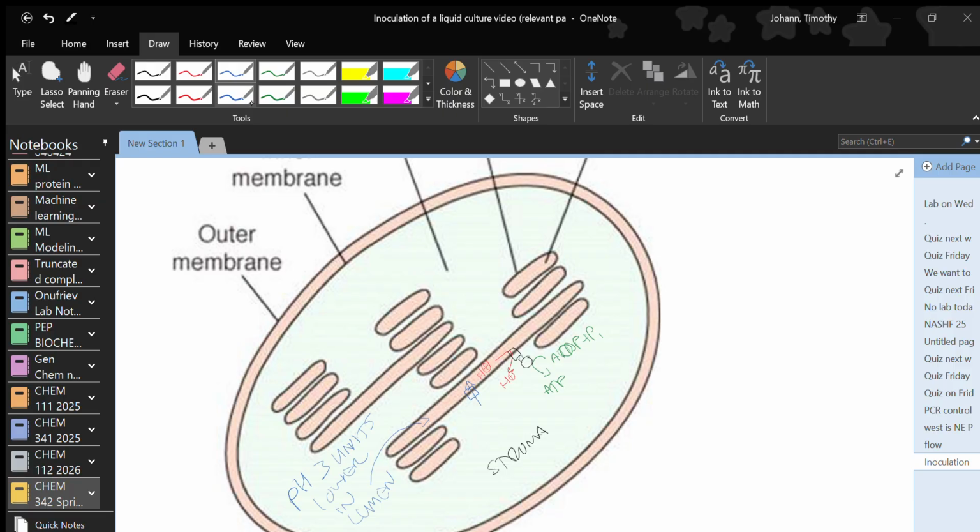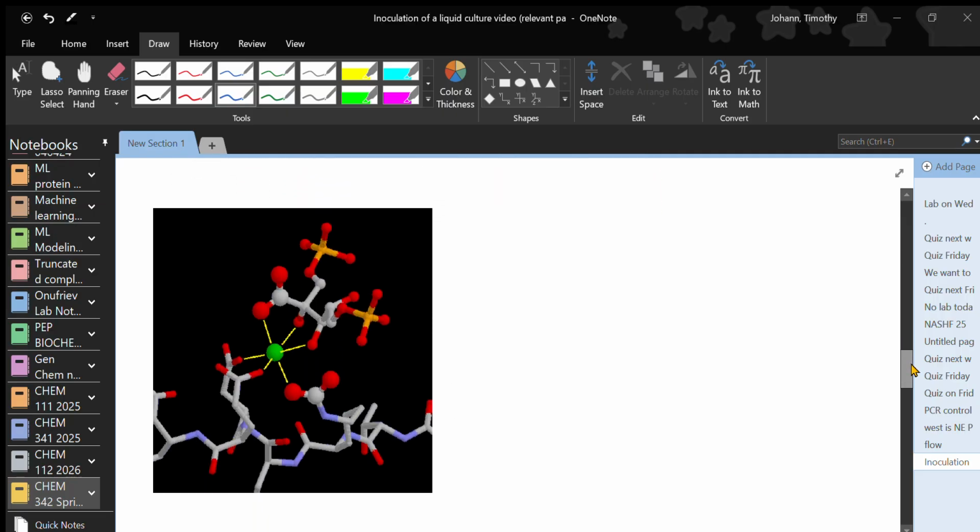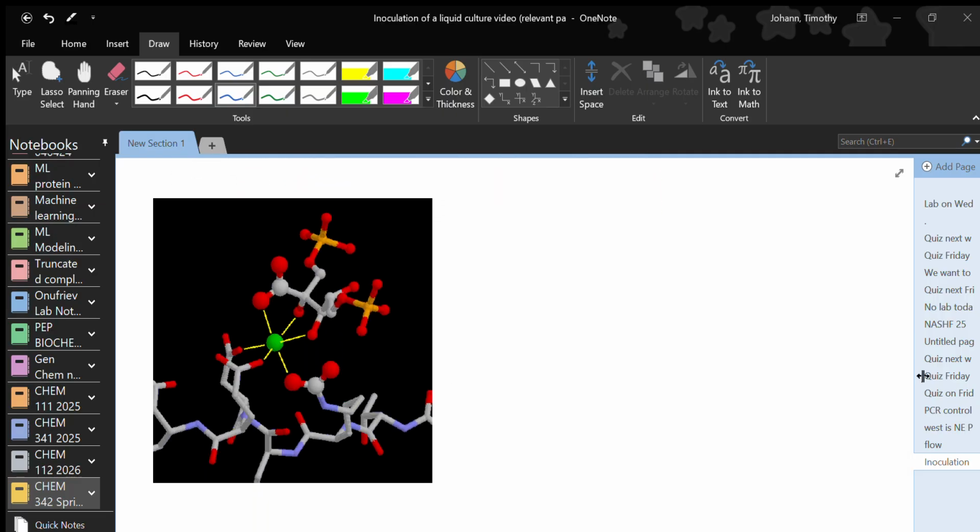So Rubisco needs to have a magnesium. I've got a picture down here. Rubisco, to work, has a magnesium ion right here that's important for its function. Magnesium 2+ right there, just like with MTHFS, we have a magnesium that's important for its function.